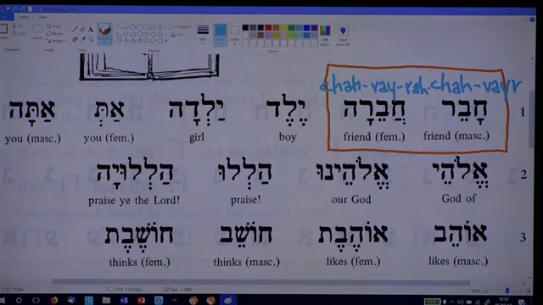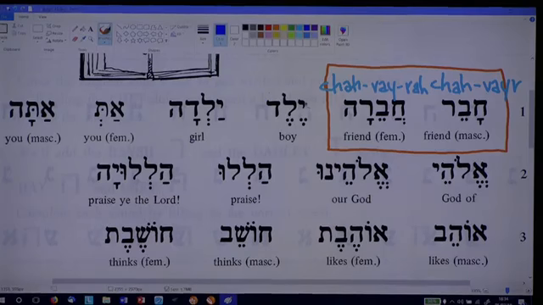Is that too crowded? Is that okay? Okay. Cha, ve, ra. Cha, ve, ra is a female friend. Friend is het, vet, resh. Male, het, vet, resh. Female, yad, he at the end. Maybe that's a rule. It is.